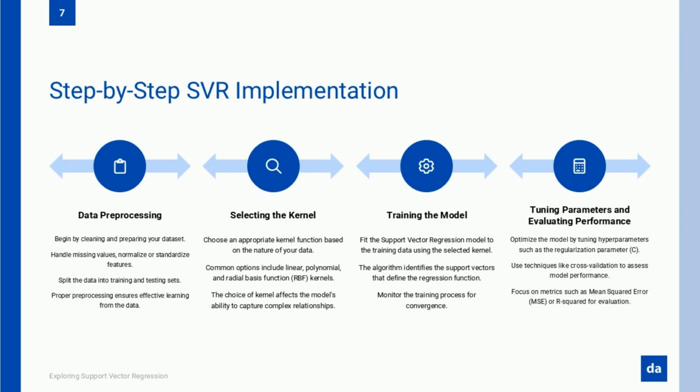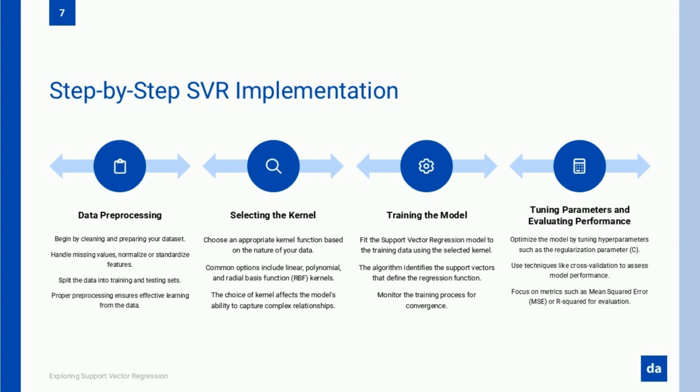Epsilon determines how much deviation from the true value is acceptable before the model considers it an error. A well-chosen epsilon ensures that minor fluctuations in data are ignored, keeping the model from overreacting to noise. Hyperparameter tuning is typically done using cross-validation, which helps identify the best combination of values to achieve optimal results.